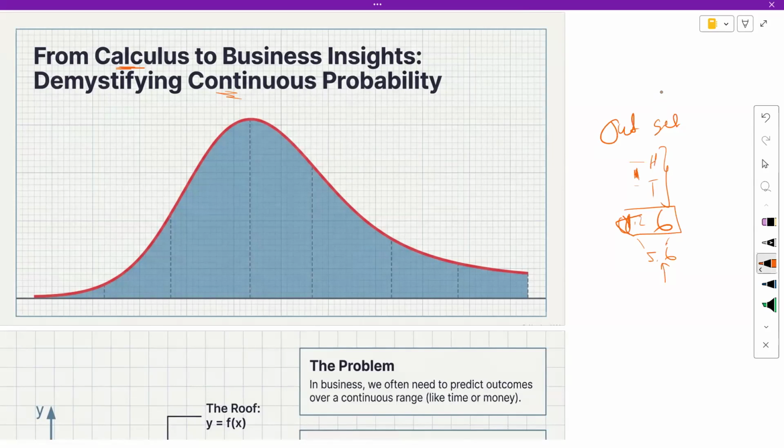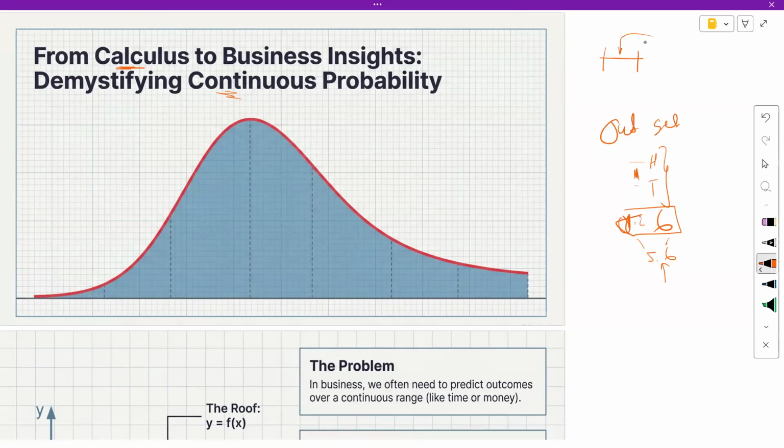And in the Poisson distribution, we count outcomes within a time or space. All of them are discrete values. Say the number of customers, we count 1, 2, 3, 5, 6, 7, like that. And the number of errors, all of them are integers, not in decimal form.